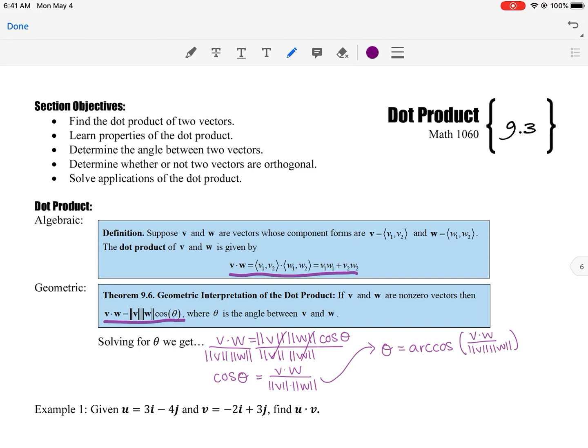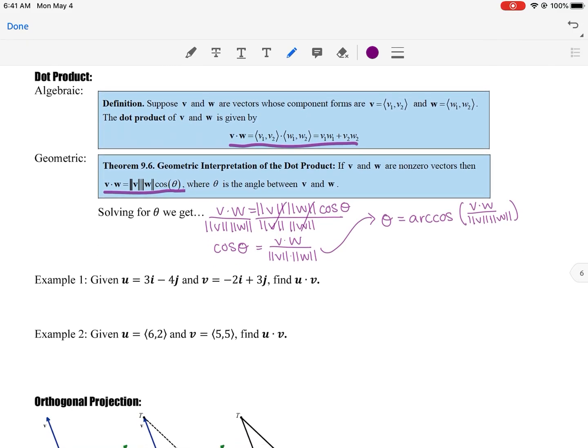All right, so now let's actually get down to computing some of this. I've given you two vectors. The first one is in i and j component form: u equals 3i minus 4j and v equals negative 2i plus 3j.